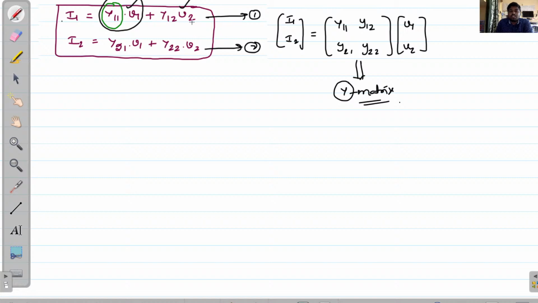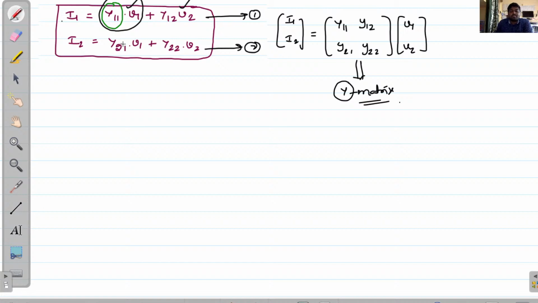Only if V2 equals 0 can you find out Y11. This is from the first equation, Y11 and Y21. In a similar context, if you make port 1 voltage 0, that means V1 equals 0, you can evaluate Y12 as well as Y22.